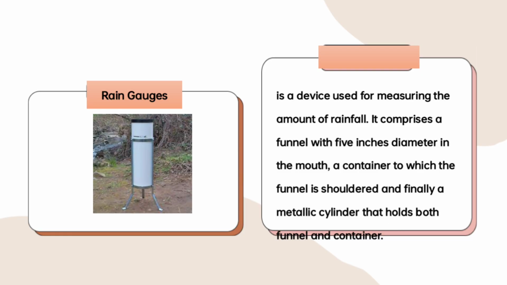It comprises a panel with a 5 inch diameter at the mouth, a container to which the funnel is shouldered, and finally a metallic cylinder that holds both the panel and the container. We know this was explained in the previous topic, how it functions and how we use it. The rain gauge is used in an open area where branches and leaves of trees cannot fall into it.